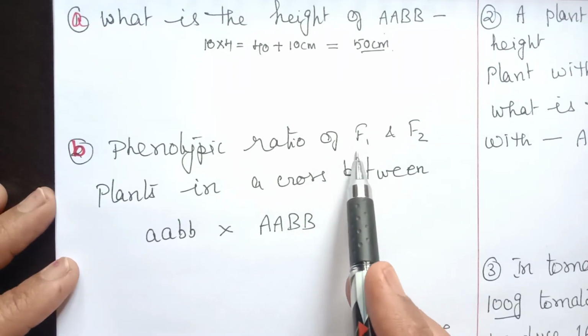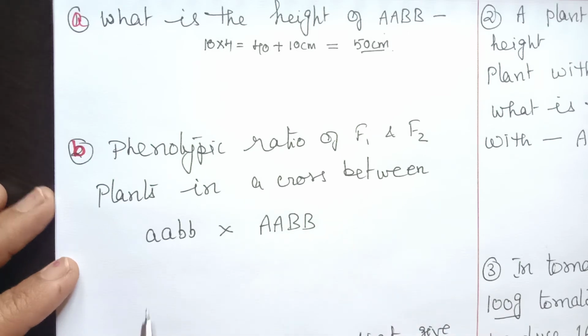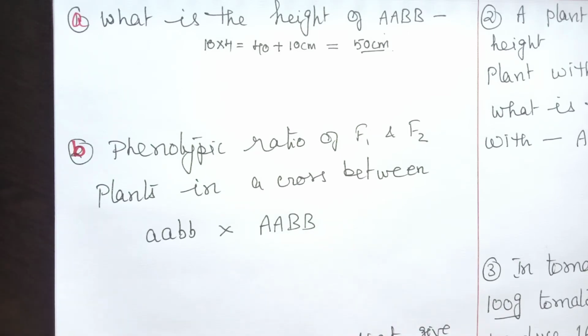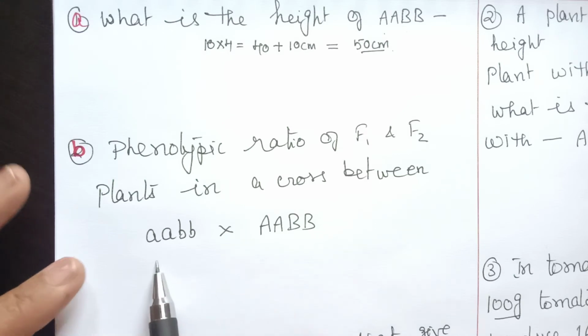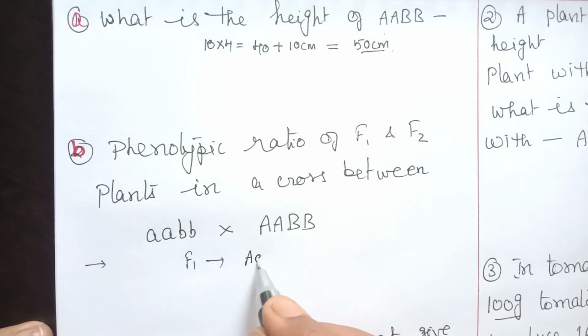Okay. Now second question in the same part. Phenotypic ratio of F1 and F2 plants in a cross between these. So let us try to understand what cross we can obtain first in the F1 generation. In the F1 generation we are going to get this individual.